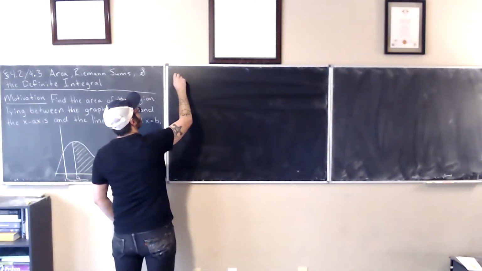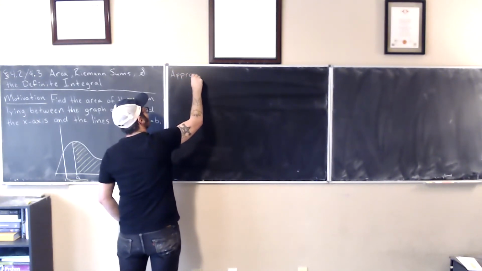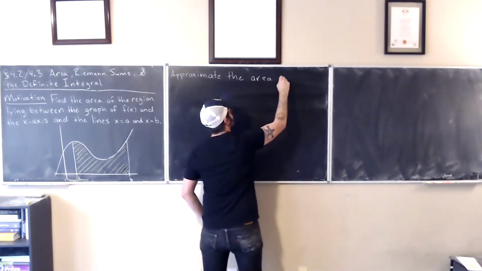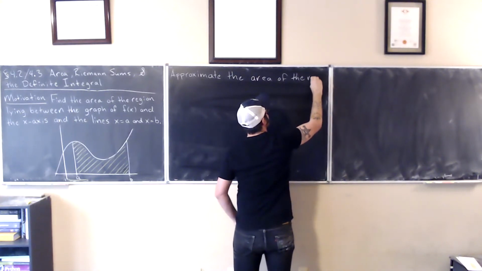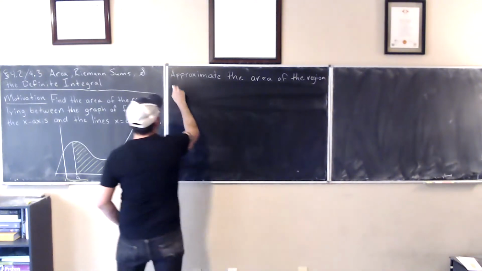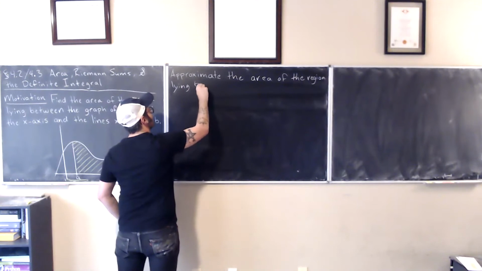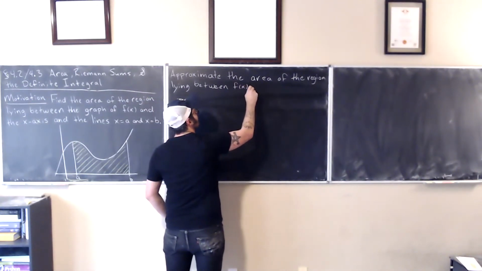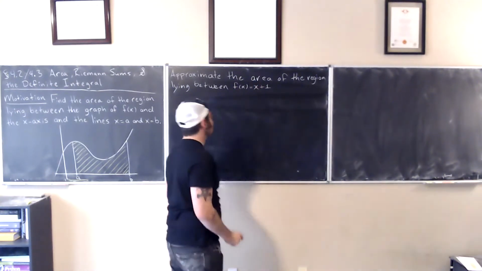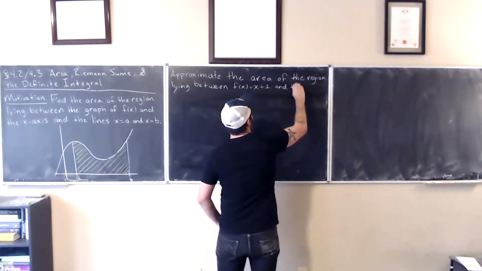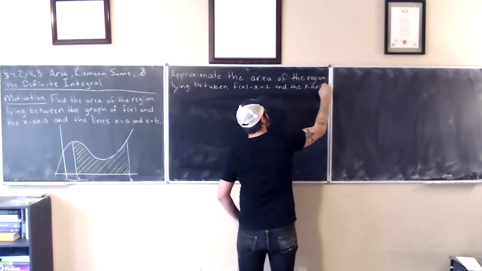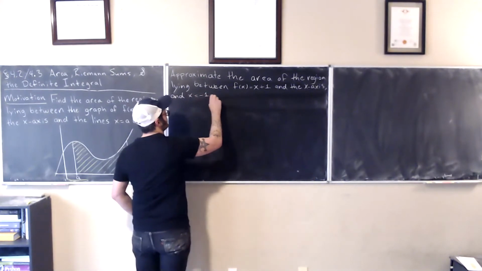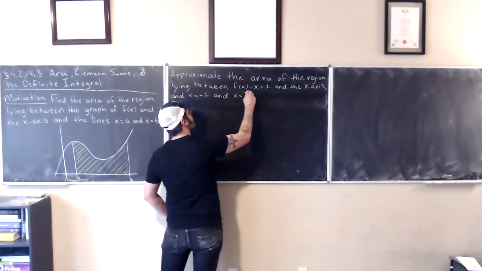So let's look at, suppose we want to approximate the area of the region between, say, I want some type of triangle, so maybe f of x equals x plus 1, and the x-axis and the lines x equals -1 and x equals 3.